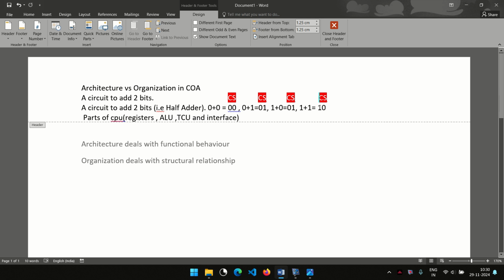So carry is 1 and sum is 0. The parts of the CPU are registers, ALU (arithmetic logic unit), time and control unit, and interface.